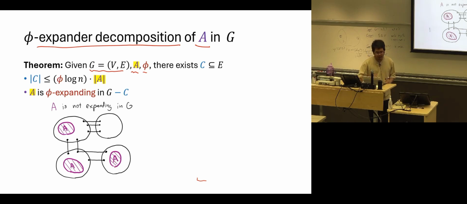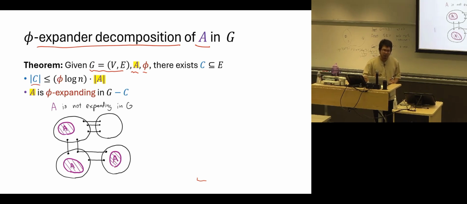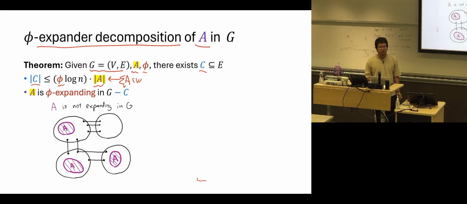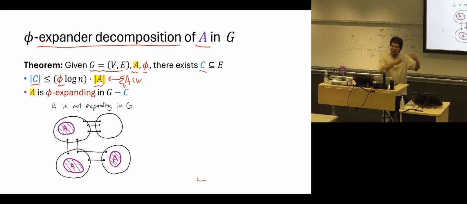I'm going to say that you can find a cut C of size something like phi A. Recall that A here is the sum of A over all nodes. And then A becomes phi expanding in G minus C. So the previous slide is just when A is the degree node weighting.